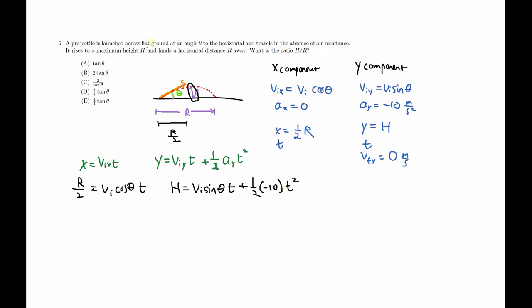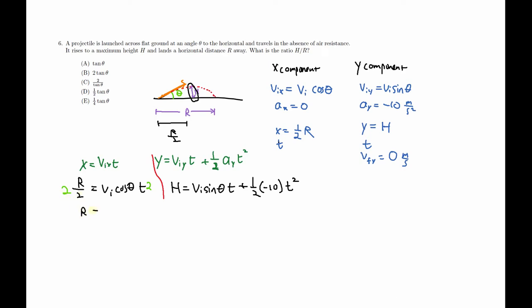I'm gonna multiply both sides of the x equation by 2. Notice that you shouldn't combine these equations yet. So the 2's cancel out.